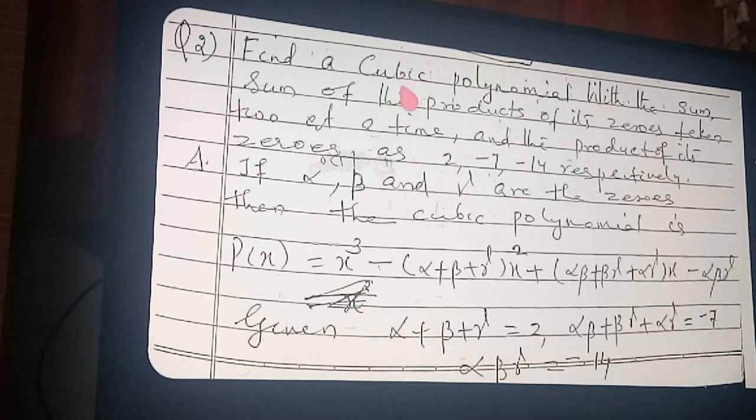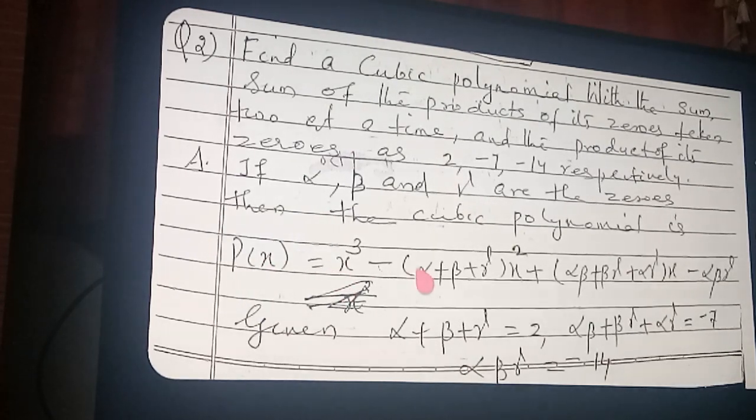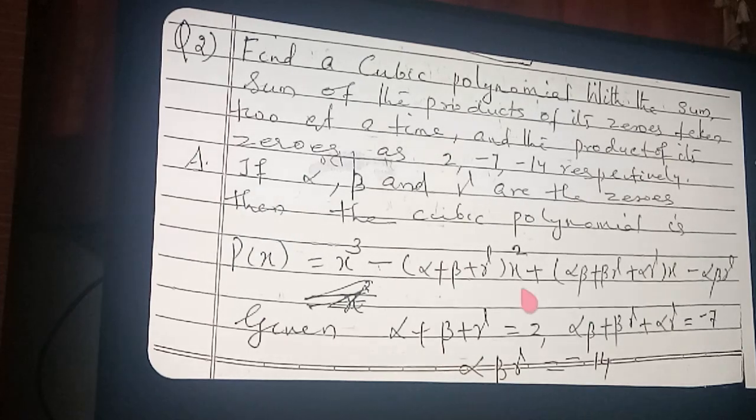For finding the cubic polynomial and quadratic polynomial, in previous videos I already gave the formulas. So that formula once more I will repeat here. See, listen here. If alpha, beta and gamma are the zeros of the polynomial, then the cubic polynomial is P of x is equal to x cube minus (alpha plus beta plus gamma) into x square plus (alpha beta plus beta gamma plus alpha gamma) into x minus alpha beta gamma.